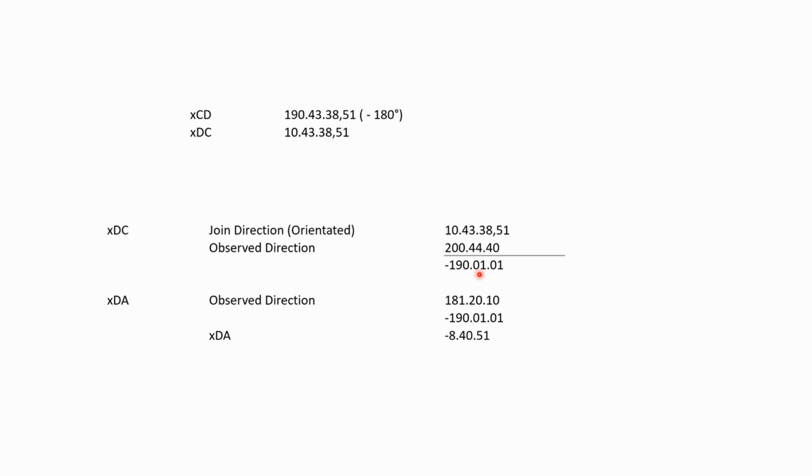The correction plus the observed direction gives us our orientated direction for dA. However, this is a negative value, so we add 360 to get a positive value. That doesn't change the angle, it just changes it from a negative to a positive reading. And that's how we orientate a direction: we calculate our correction and use it on our observed direction to get our orientated direction.